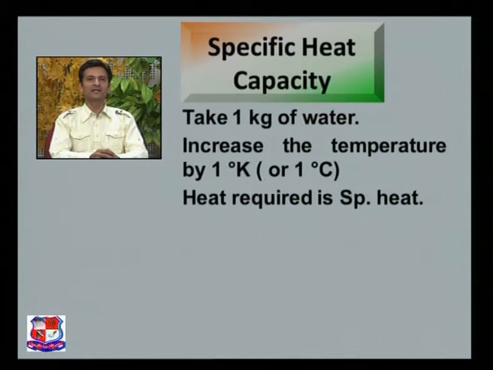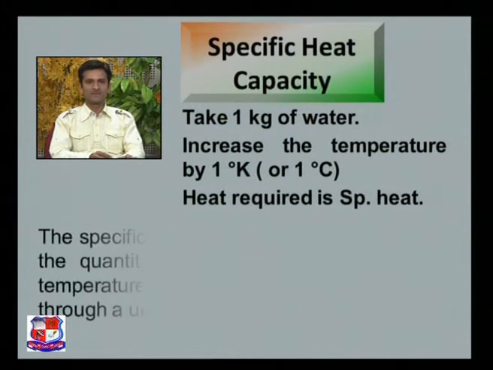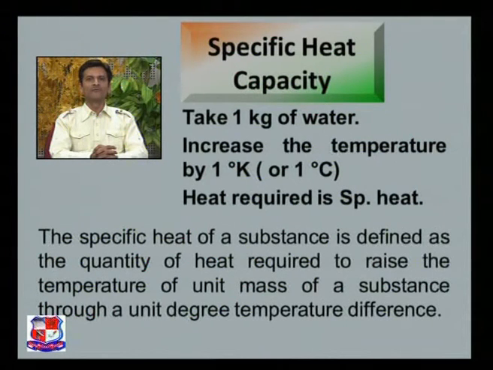Specific heat varies with respect to the material. As the material changes, its specific heat changes. The specific heat of a substance is defined as the quantity of heat required to raise the temperature of a unit mass of the substance through a unit degree temperature difference.